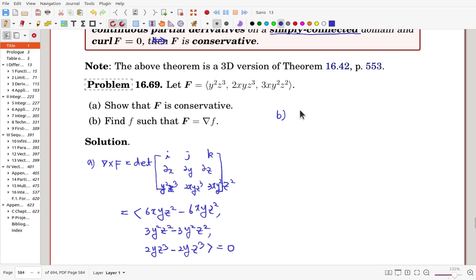We can write it this way. F sub x must be y squared z cubed. The second component, F sub y, is 2xyz cubed. The last component, F sub z, must be this one.